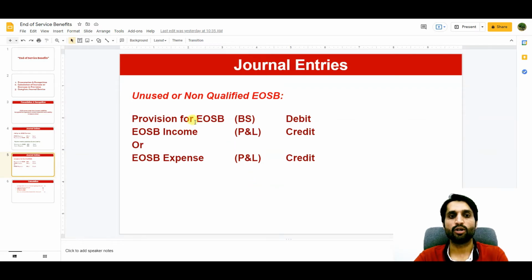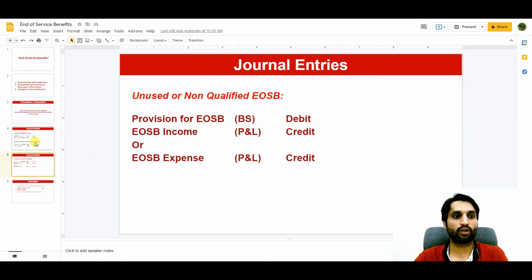We need to debit provision for end of service benefit, as we are going to take that money out of our long-term liability, and credit end of service benefits income in profit and loss, or we can make the reverse.